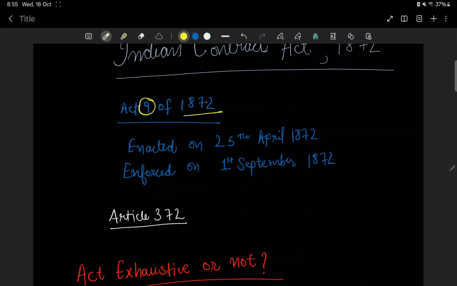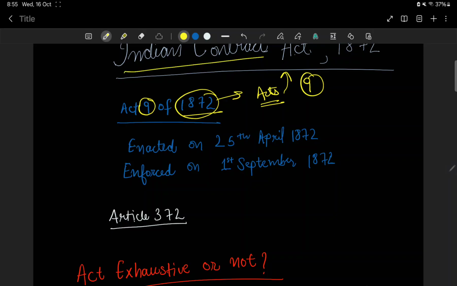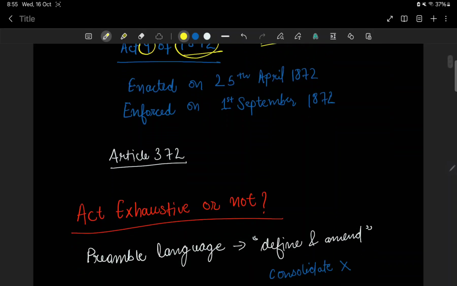It means that of all the Acts passed in the year 1872, the Indian Contract Act is number 9, right. Meaning 8 other acts were passed in the year 1872 before the Indian Contract Act, and this act is number 9. Now the act was enacted on 25th April 1872. Means the enactment date of the act is 25th April 1872.